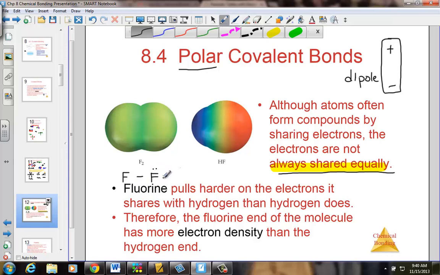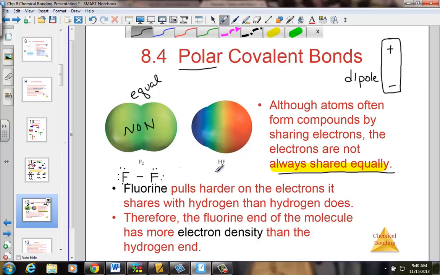We would see 3 sets of non-bonded pairs on each fluorine in its Lewis dot structure and 1 single bond between them. With a fluorine bonded to itself, no atom is stronger or has more of a pull on the electrons, since they are indeed the same atom. They're shared equally. So we have an equal distribution of charge. This molecule is nonpolar. There's nothing of interest in terms of the color on this slide, is there?